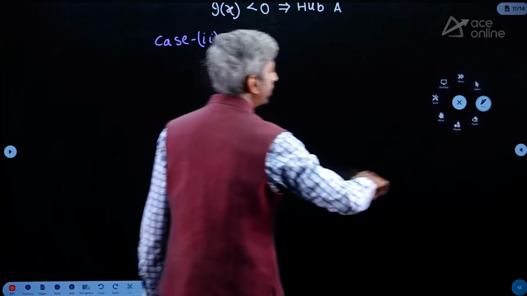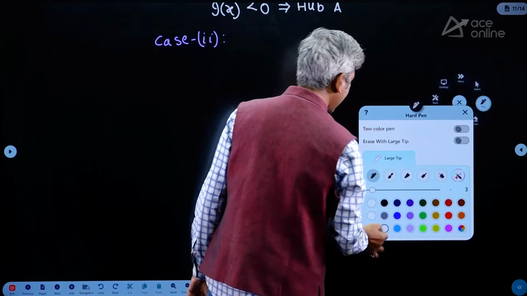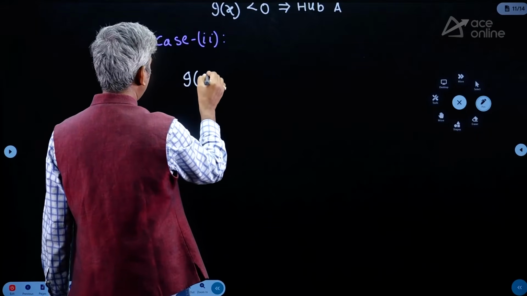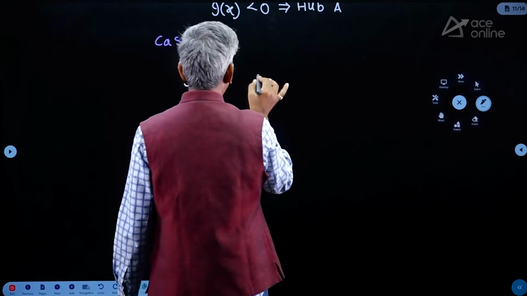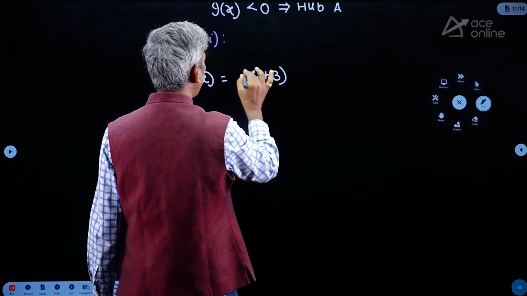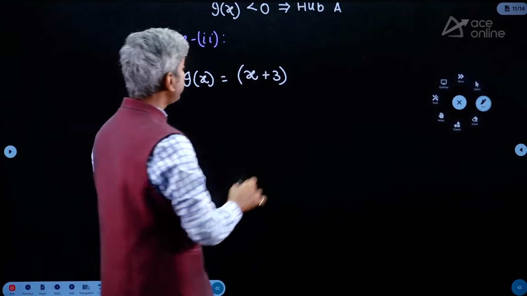Second case is associated with x greater than 3, such that in your g of x, the modulus value would be positive, so x plus 3 would always be a positive value.